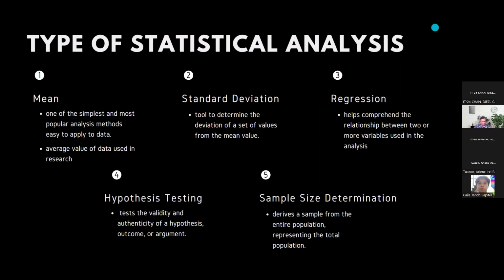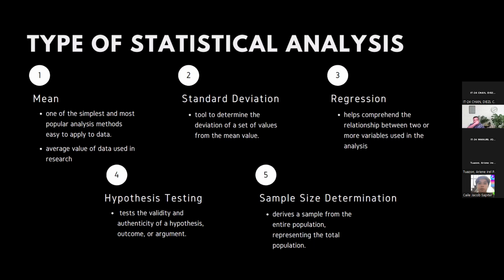Types of statistical analysis. 1. Mean. One of the simplest and most popular analysis methods, easy to apply to data. Average value of data used in research. 2 is standard deviation. Tool to determine the deviation of a set of values from the mean value. 3 is regression.